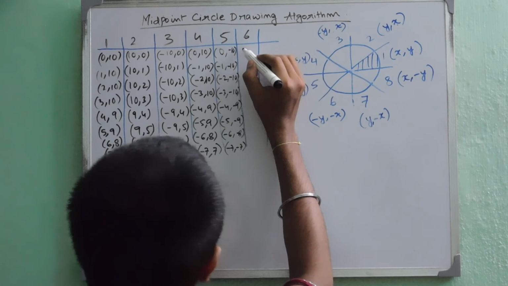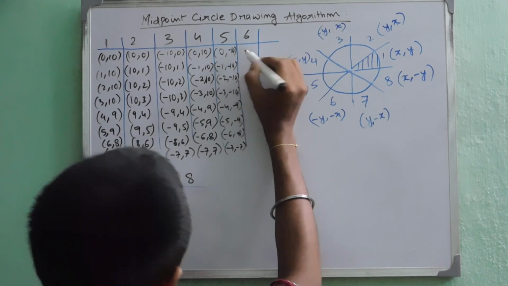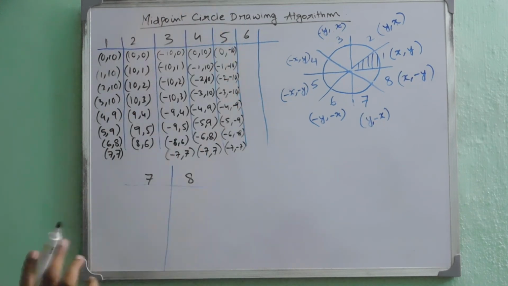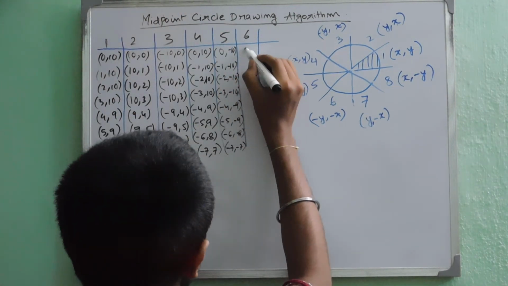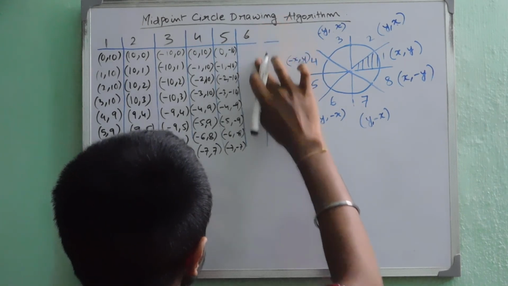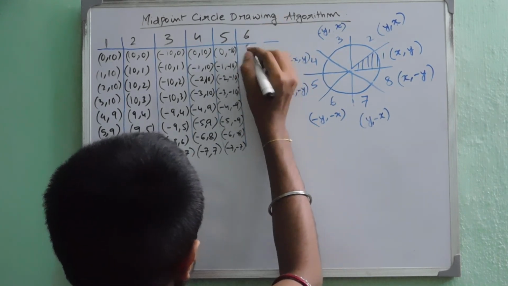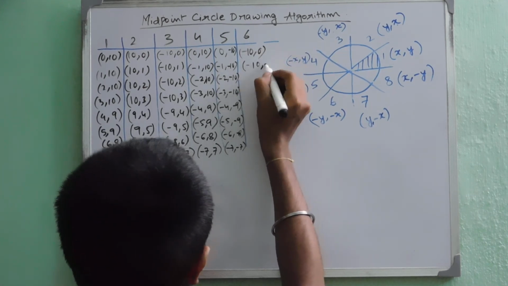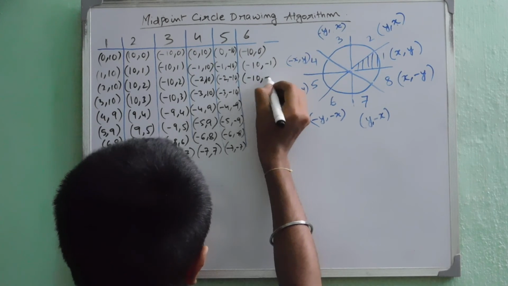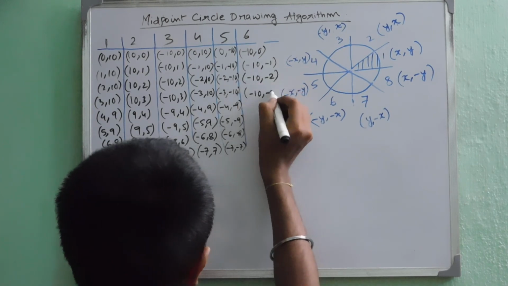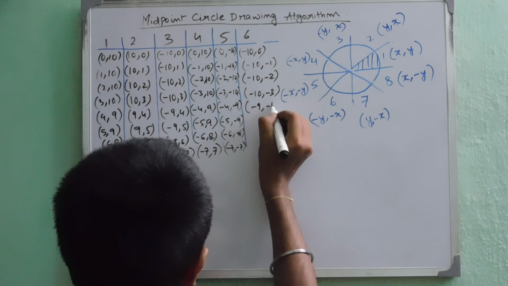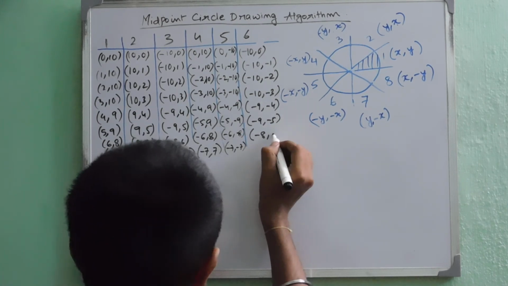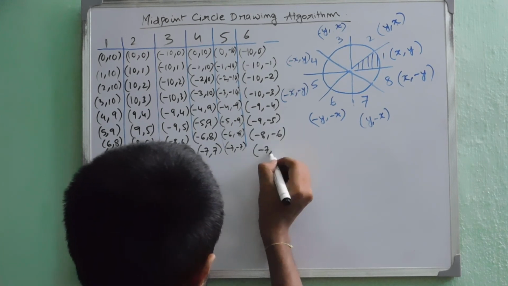For the sixth octant, it is the negative of the second octant. So minus 10 comma 0, minus 10 comma minus 1, minus 10 comma minus 2, minus 10 comma minus 3, minus 9 comma minus 4, minus 9 comma minus 5, minus 8 comma minus 6, and this one minus 7 comma minus 7.